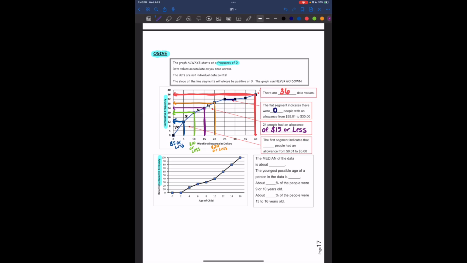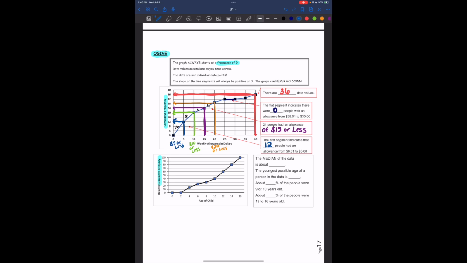And then it says, for this very first segment here indicates how many people had an allowance of $5 or less. Well, there was 12. So it's just a different way of reading. It accumulates across the board. Same with the second one.